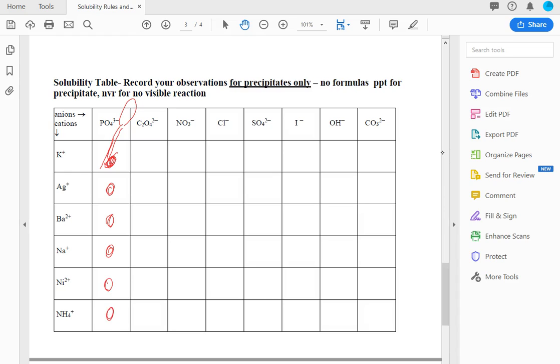And then you'll do oxalate ions all the way down. And then you'll do potassium going across. And then you'll do silver going across. And you're going to be looking for precipitates. If you have something that forms a precipitate, you're going to write PPT. If nothing happens, you're going to leave it blank.